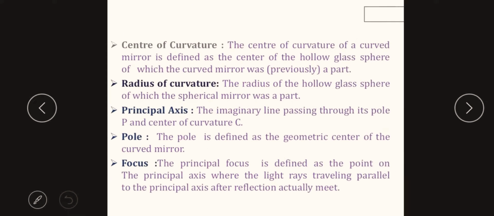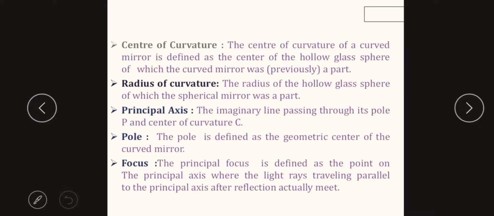The third one is the principal axis. The principal axis is an imaginary line passing through the pole P and the center of curvature C. First I will explain what is meant by pole, then I will come to the principal axis. The pole is the geometric center of the curved mirror.